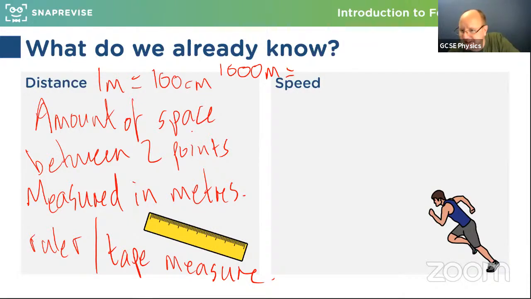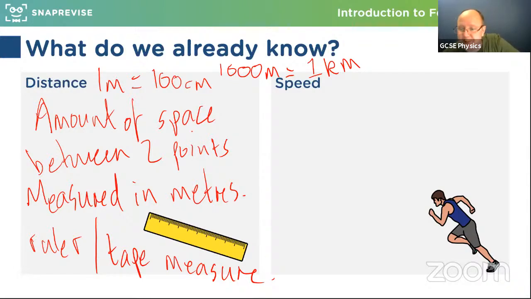Yeah, thanks, Evan. So 1,000 meters is 1 kilometer, and the K means times 1,000. Okay, so that's distance, just the general amount of space between two places. Importantly, not necessarily in a straight line.